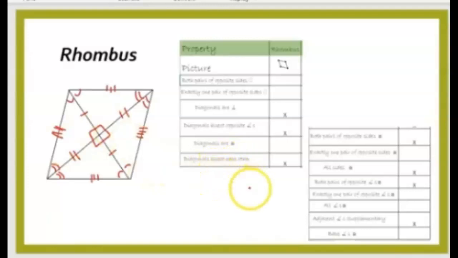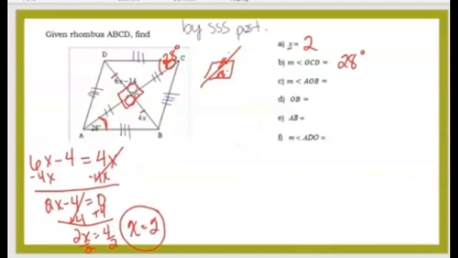That's because the diagonals, let's see, where is it on here? Ah, here it is. Diagonals are perpendicular. So because they are perpendicular, we know perpendicular lines form those 90-degree angles. So we instantly know that AOB is 90 degrees.